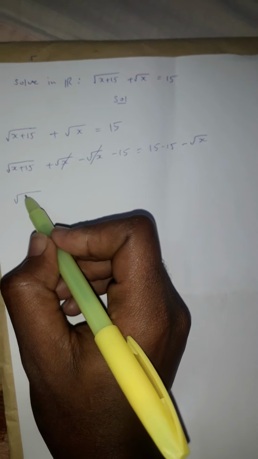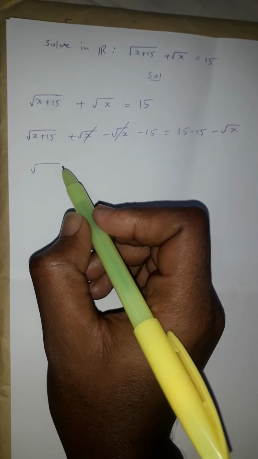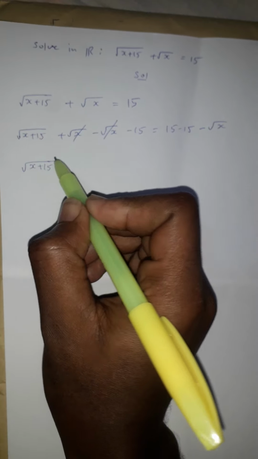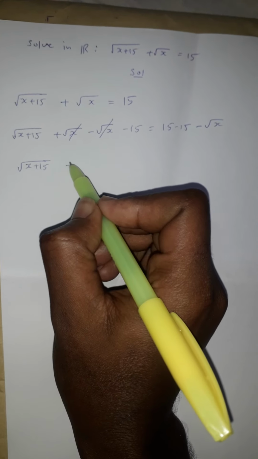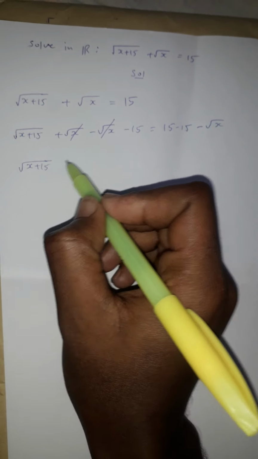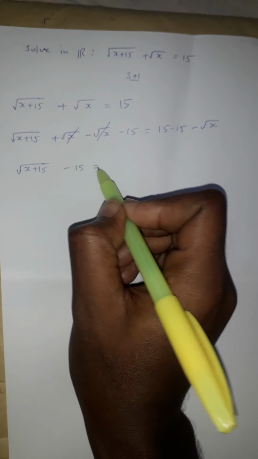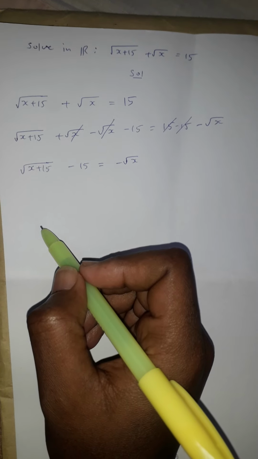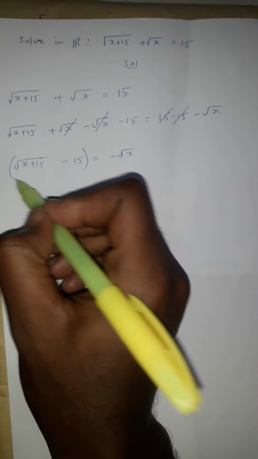This root x cancels, so you have root (x plus 15) minus 15 equals, this 15 cancels, minus root x. To find x now, we have to square both sides.